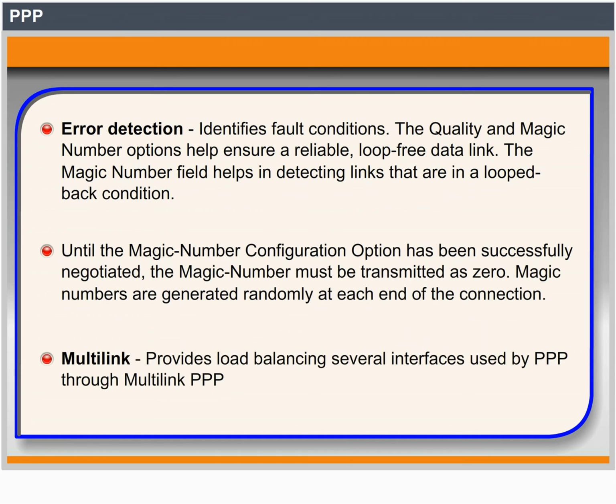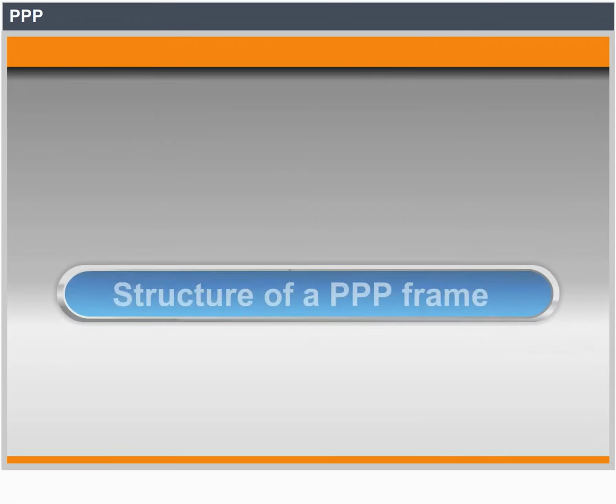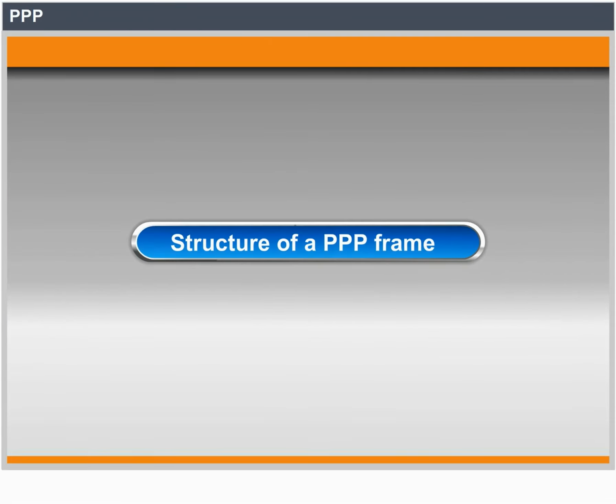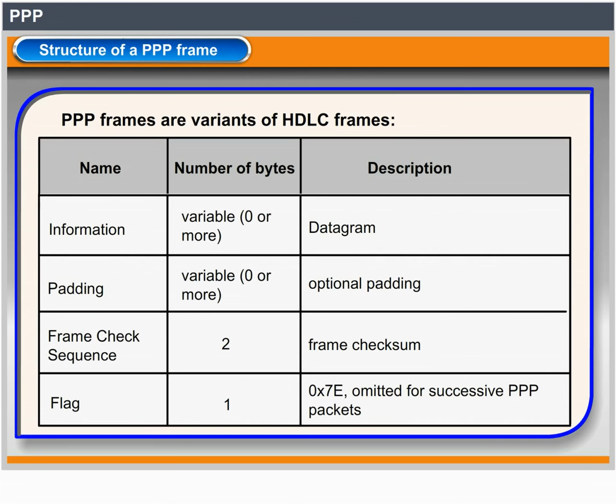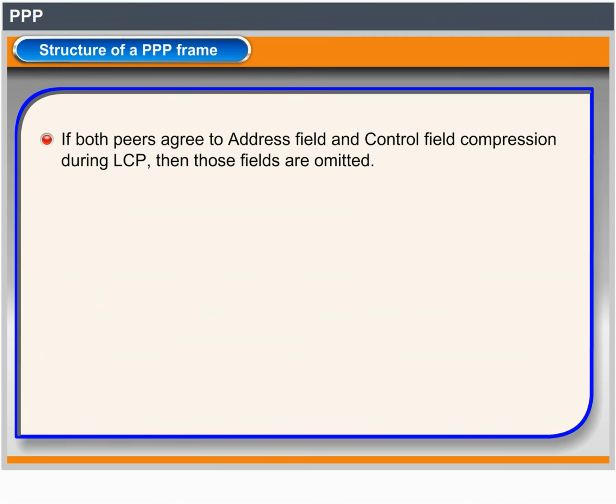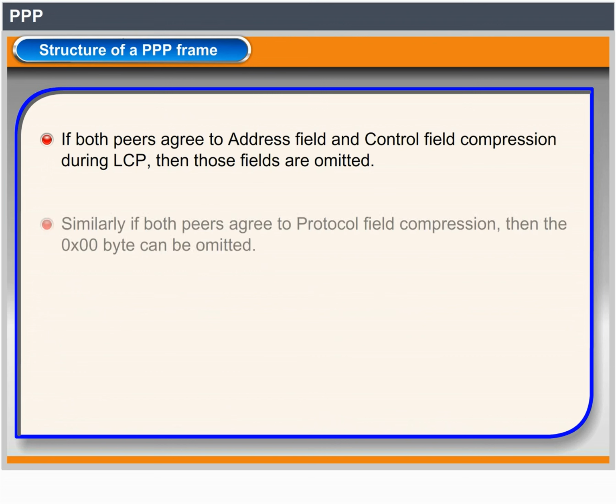Structure of PPP frame. PPP frames are variants of HDLC frames. If both peers agree to address field and control field compression during LCP, then those fields are omitted. Likewise, if both peers agree to protocol field compression, then the 0x00 byte can be omitted.